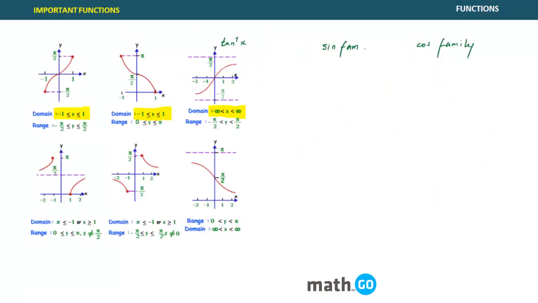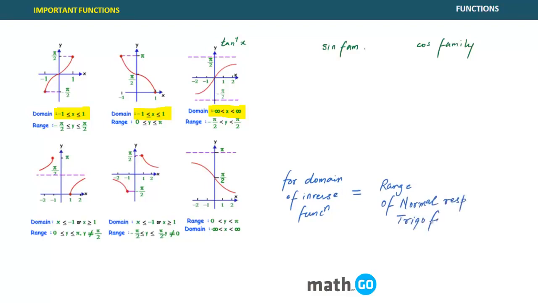For domain of inverse functions, what you can do is, domain of inverse functions is equal to range of the respective normal trigonometric functions. Got it clear?